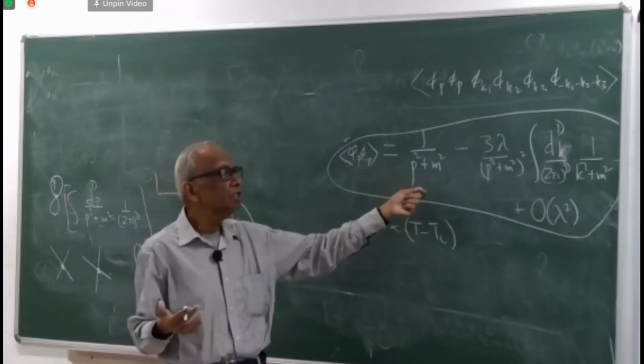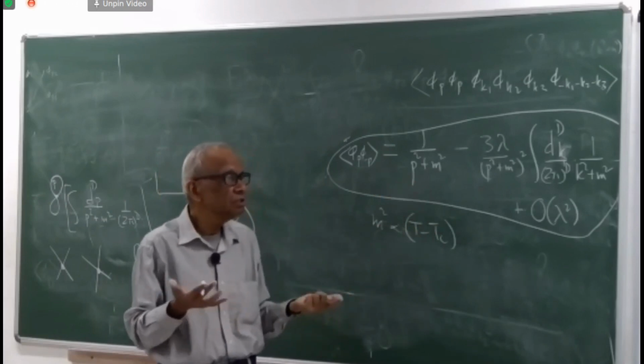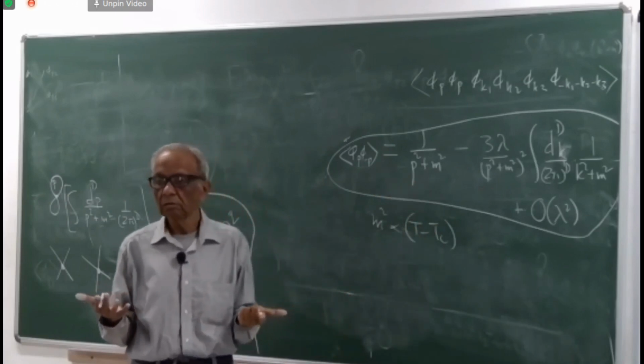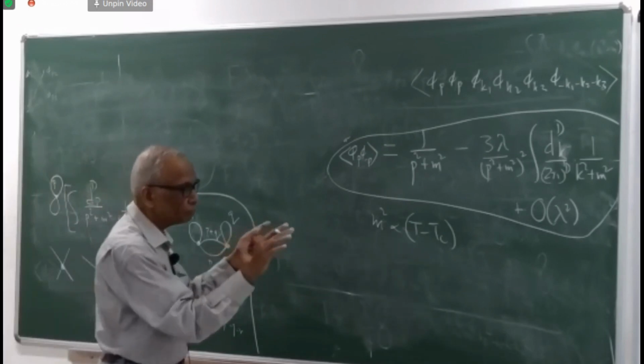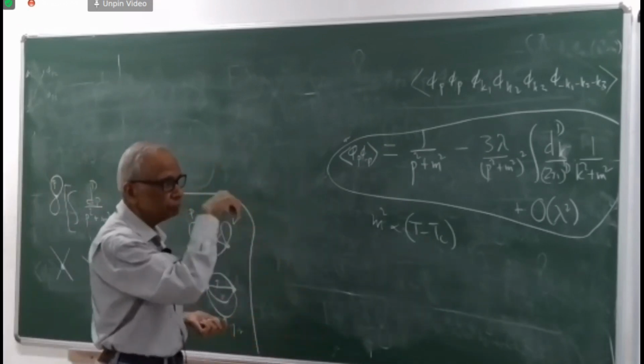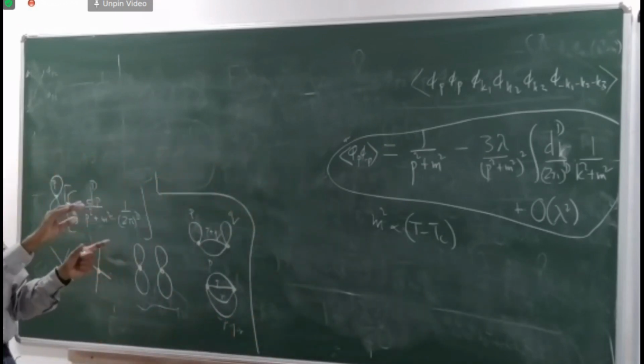So what will it tell you? It will tell you that there is a phase transition in D equal to 1, where it is finite. So it's all rubbish. So below D equal to 2, it's rubbish.